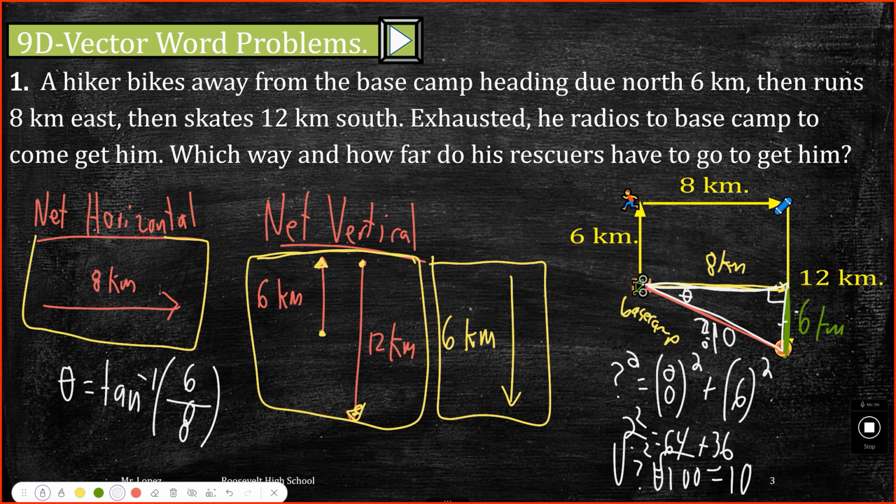So this is what you're going to say. Well, I'm 10 kilometers away at an angle of 37 degrees south what? Southeast. So I'm 37 degrees southeast at a distance of 10.